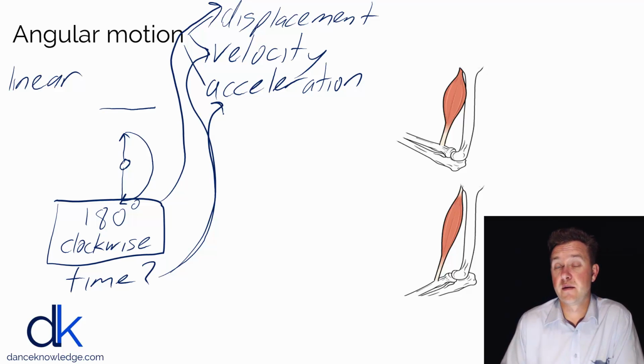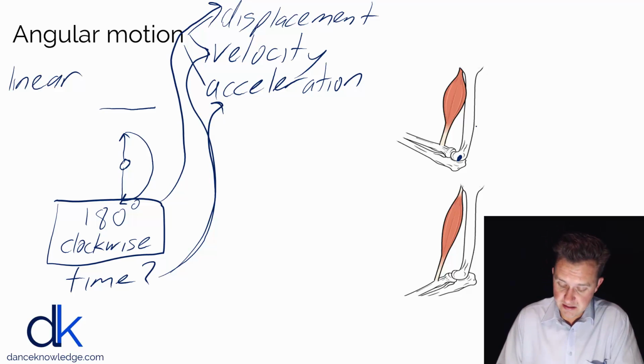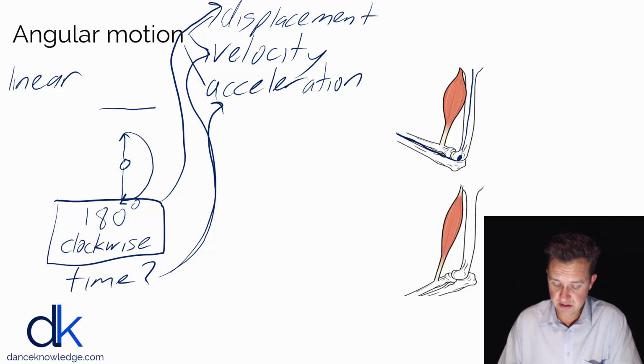So let's have a look at that example now across with our muscles here, and see how we describe movement of joints as angular. So we define a joint center here as being in the elbow, and here we have the humerus and the radius and ulna, which make up the forearm.